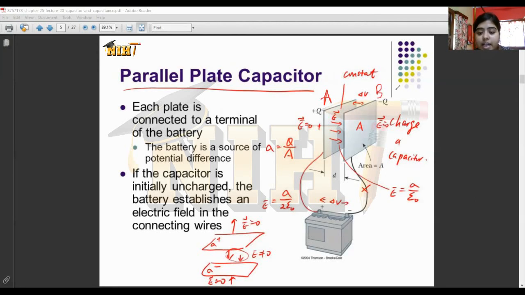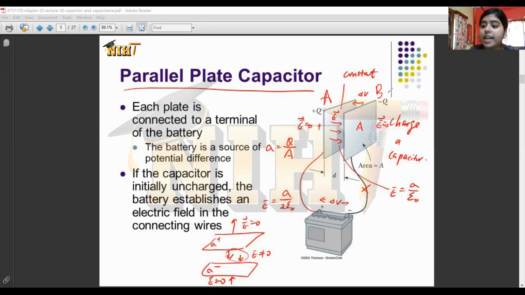You can see here that plate A is connected with the positive terminal of the battery and plate B is connected to the negative terminal of the battery. First we have taken two uncharged metal plates and connected them with the positive and negative terminals of the battery, and the space between the plates is filled up with some dielectric material, that is, non-conducting material.